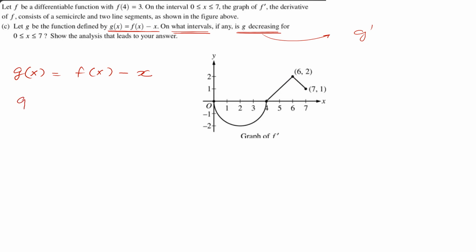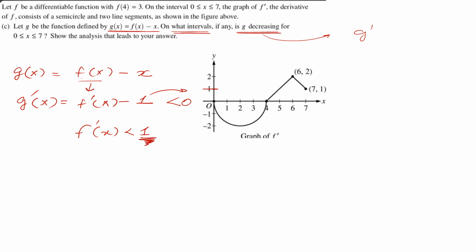Since g is decreasing, the derivative of this function should be less than 0. The derivative of f of x is f prime x and the derivative of x is 1, so f prime x minus 1 is less than 0. Bringing the 1 to the other side, f prime x is less than 1.